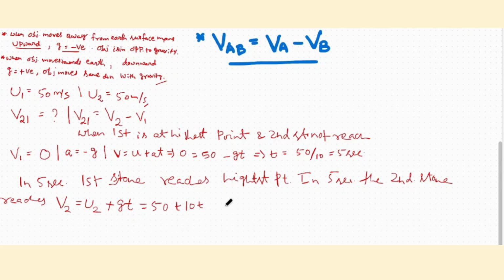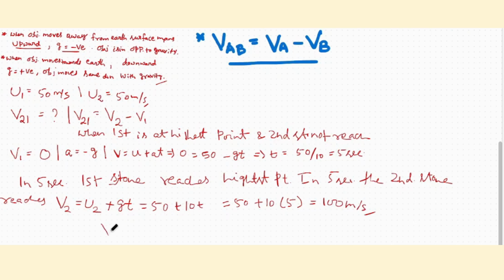With t as 5 seconds, that is 50 plus 50, 100 meter per second. So v2 is 100 meter per second.